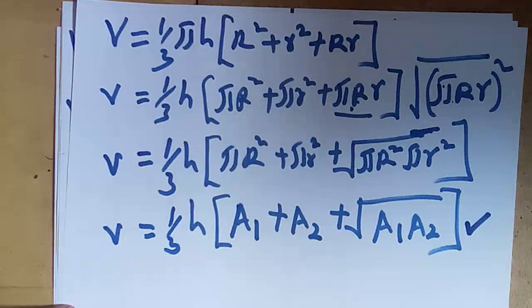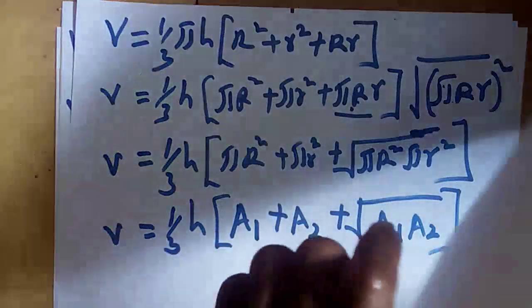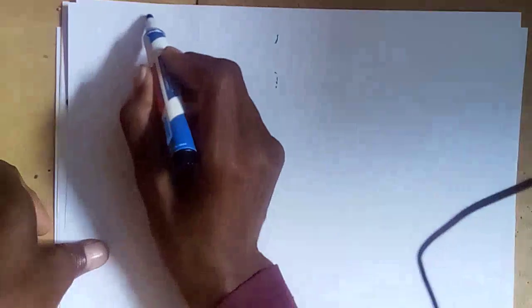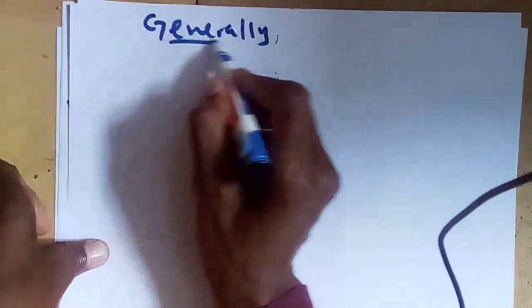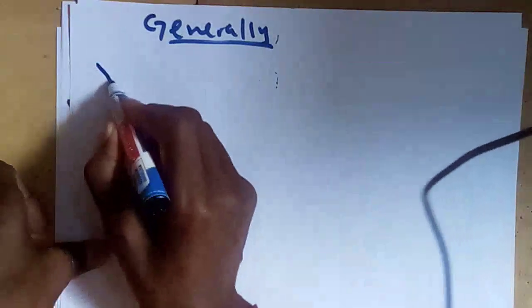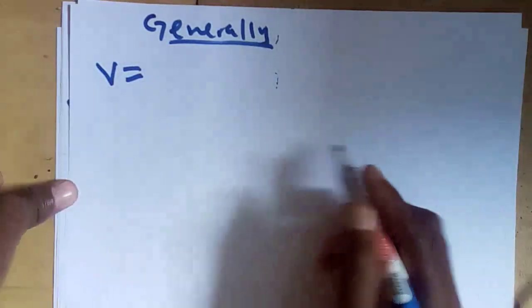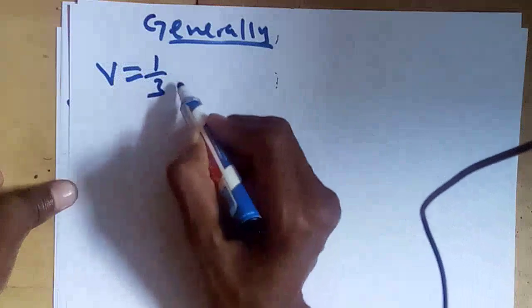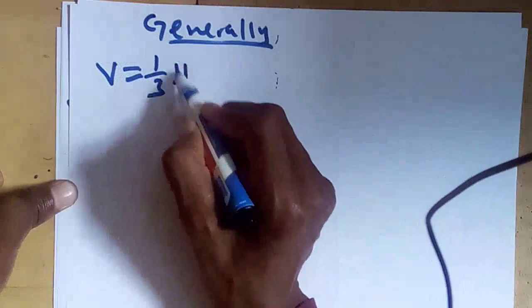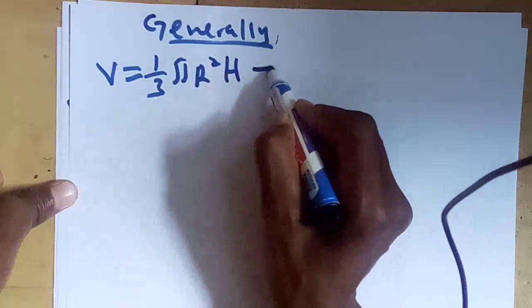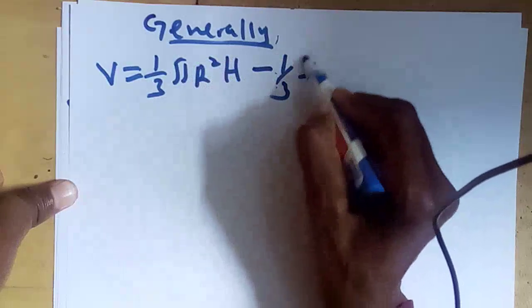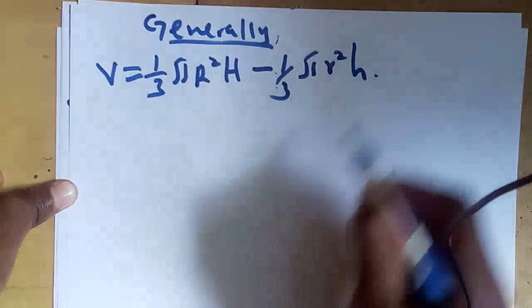And therefore, if I was to conclude, generally, that is now a general case, the volume of a frustum can be gotten by a third pi r squared h minus a third pi r squared h.